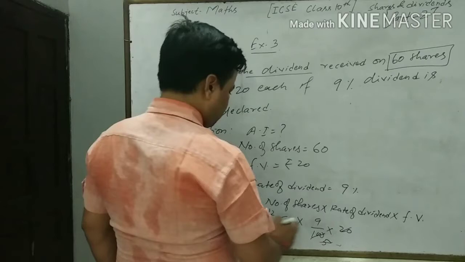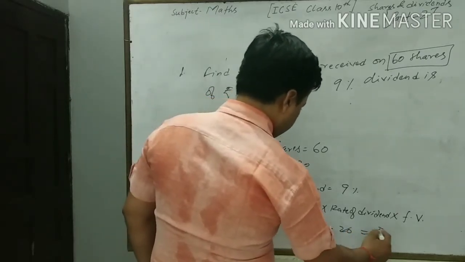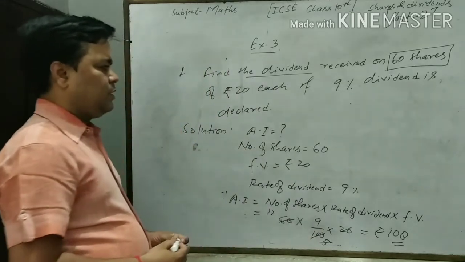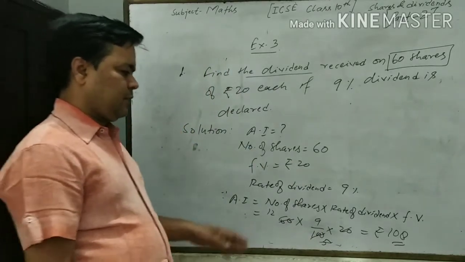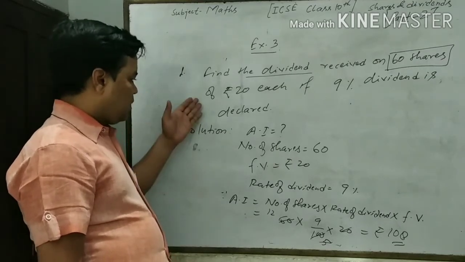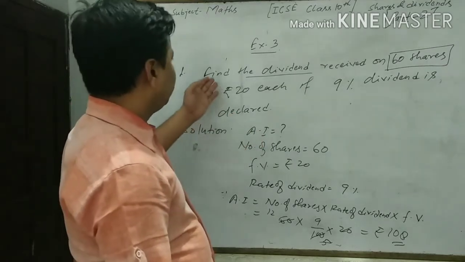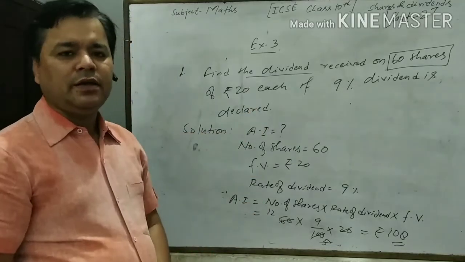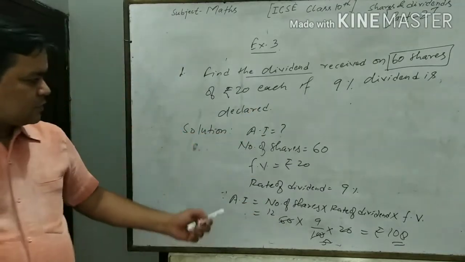Now 12 into 9 is 108. This is the annual income. According to the question, the annual income will be 108 rupees.